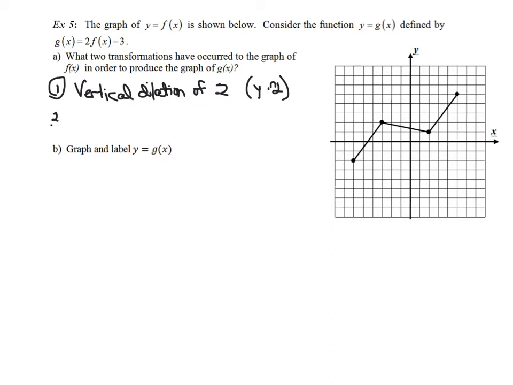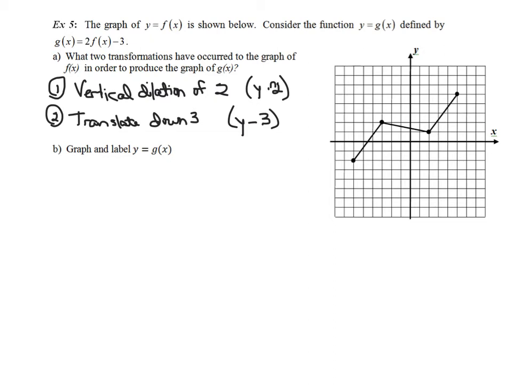Our second transformation is going to be the subtract 3. So that means that we are going to translate each and every point down 3 units. So we're going to take our y coordinate and subtract 3 to get our new point.